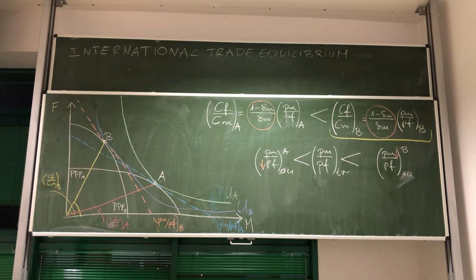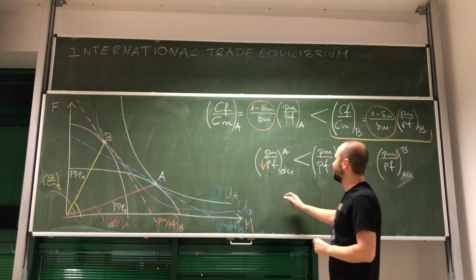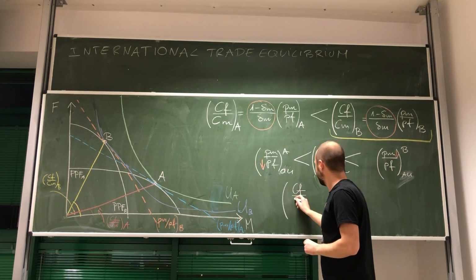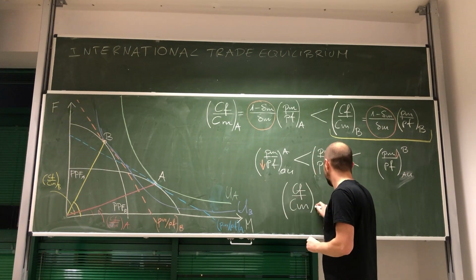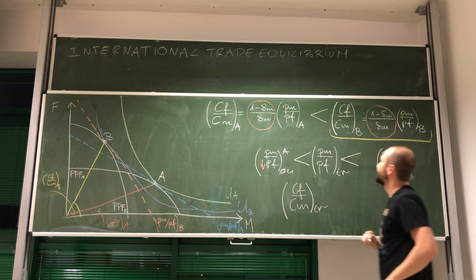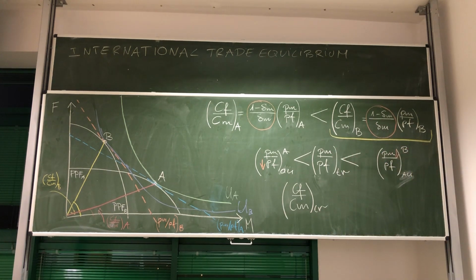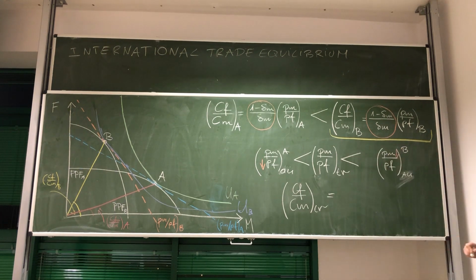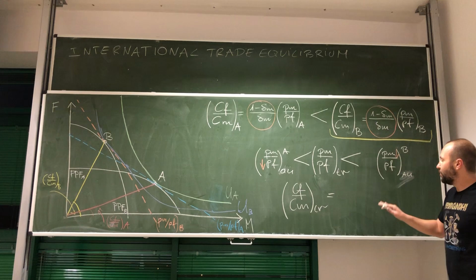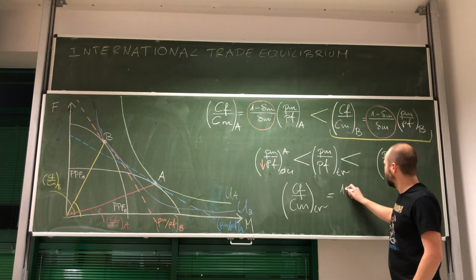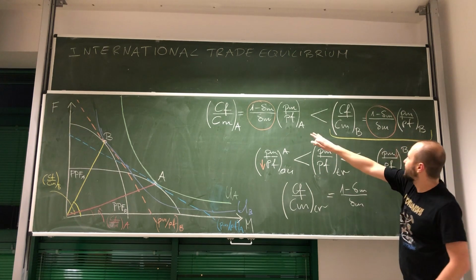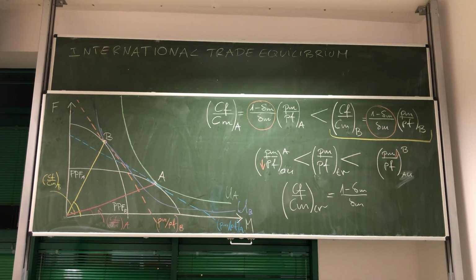Because look, now I can calculate CF over CM with trade, right? Because in case of consumption opportunities, we will have that this is going to be 1 minus delta M over delta M, just like you can see over here and over here.